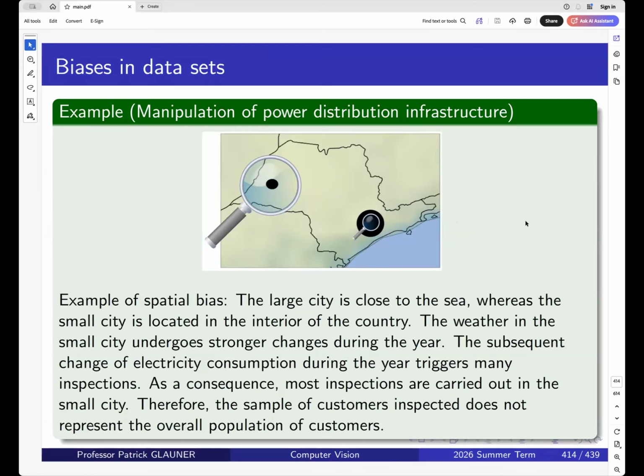Still warm compared to Germany, obviously, but maybe less air conditioning is needed. So the consumption behavior of the customers is different. Yet we carry out most of the inspections in the smaller city and not in the big city, so that would create a bias. Maybe just confirm whether you see that this can lead to a bias.